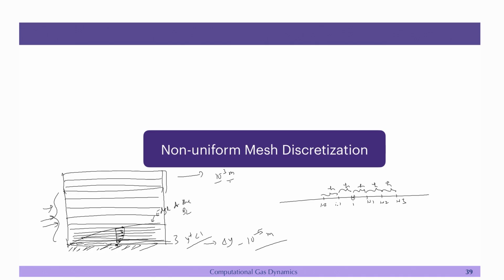So, you need a domain so that there is no spurious wave coming from the top, but at the same time you need to make sure that your grid is refined well enough near the wall, right. So, in most of the cases that you would see in practical situations, wherever there is a wall you need to have a non-uniform mesh, right.